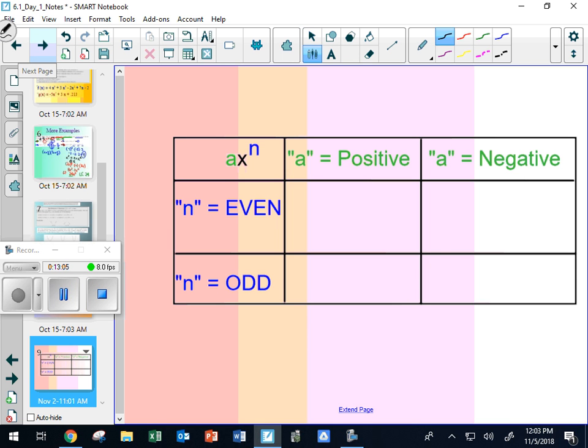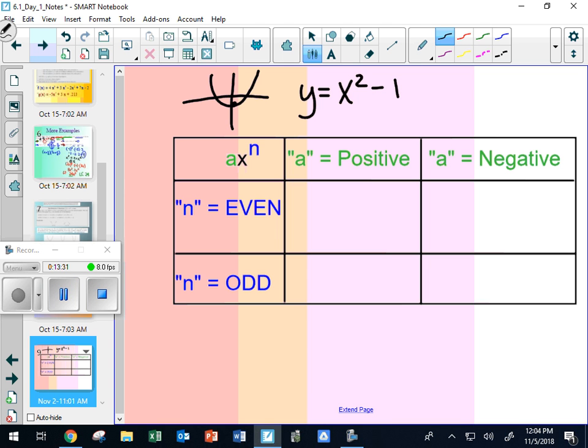So, for example, if I had a graph and an equation that was y equals x squared minus 1, what would my graph look like? A parabola. It would start at -1, right? And then would it be going upwards or downwards?